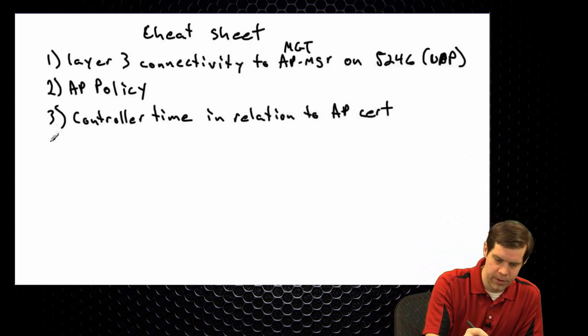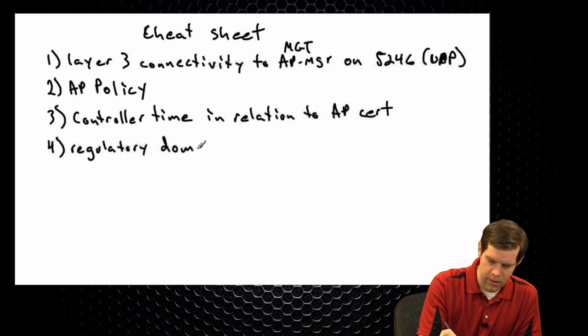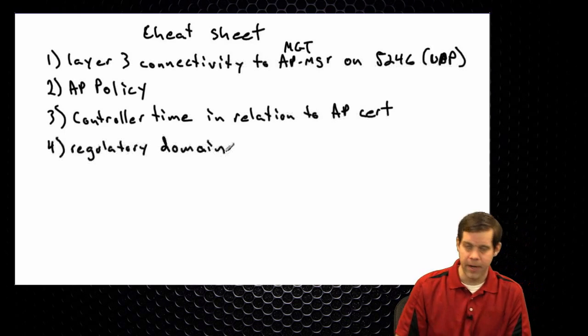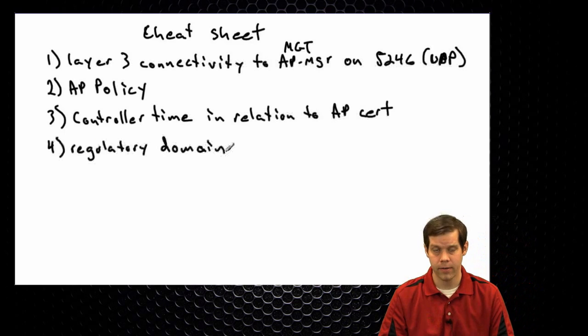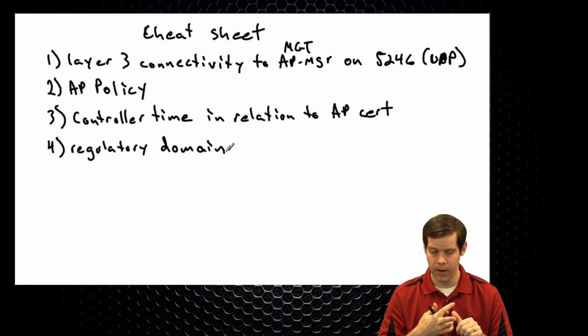Next one, regulatory domain mismatch. So when you buy an access point, you buy an access point specifically created for a specific regulatory domain. So Americas or Europe or I think Japan might have a separate one.